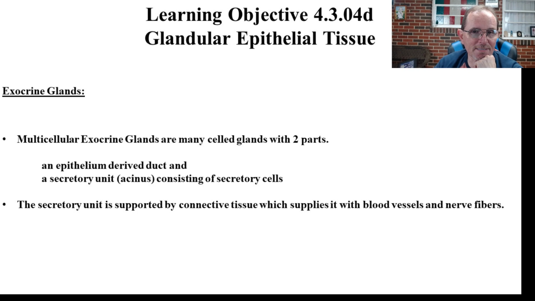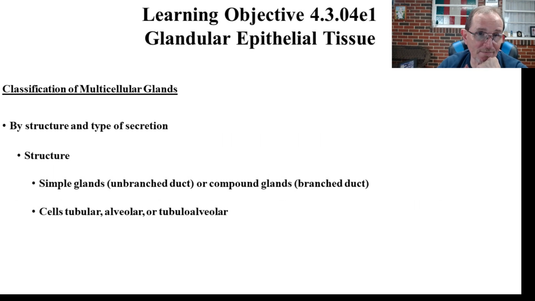Okay, exocrine glands, multicellular. These guys have got a duct, a tube. They have a secretory unit, the acinus, and those are the cells that make the product. And of course, like all the other epithelium, it has connective tissue that supports it, where the blood vessels are and where the nerve fibers are coming from.